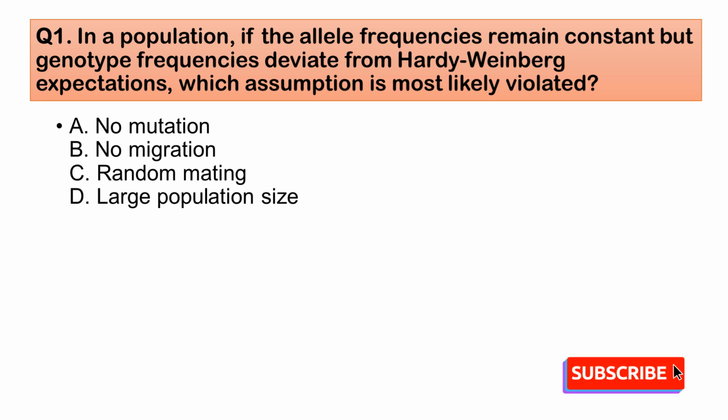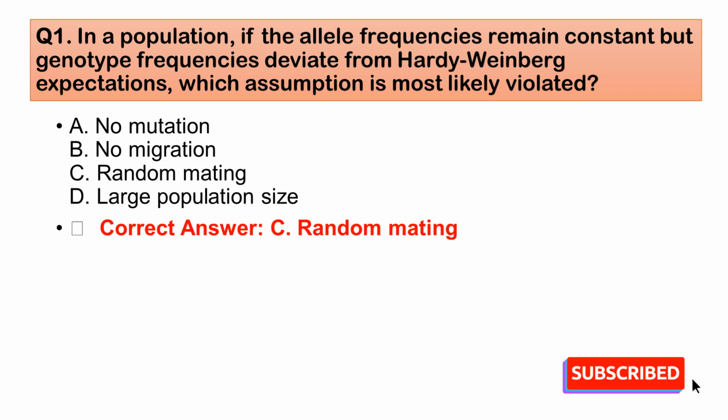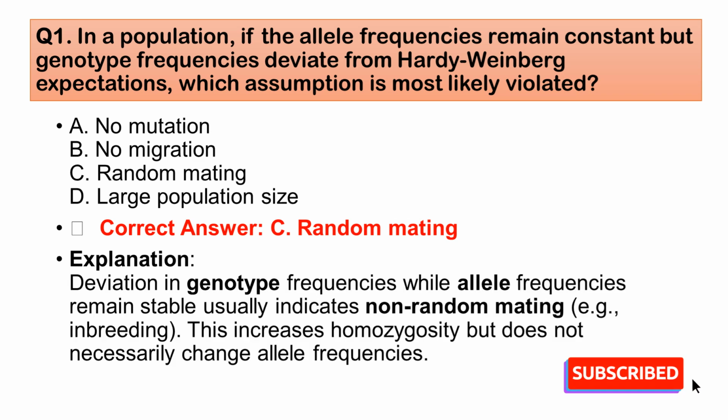D. Large population size. Correct answer: C. Random mating. Explanation: deviation in genotype frequencies while allele frequencies remain stable usually indicates non-random mating, e.g., inbreeding. This increases homozygosity but does not necessarily change allele frequencies.